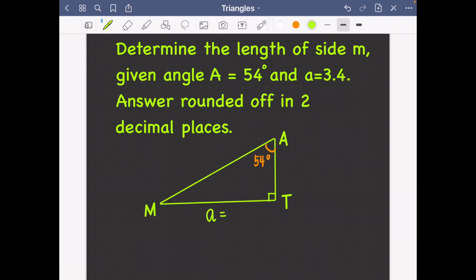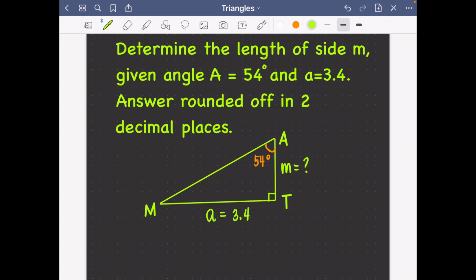Okay, so my side A is 3.4. And then we need to find side M. So how do you get side M? So this is M. Its opposite side is that one. Okay, so this is my side M. After determining and labeling the triangle, the next thing that you have to determine is which function you will use.